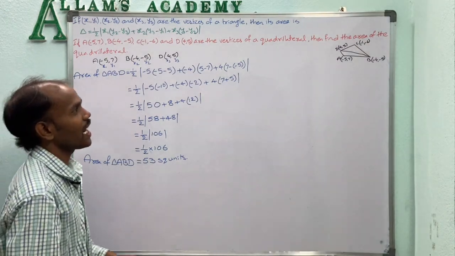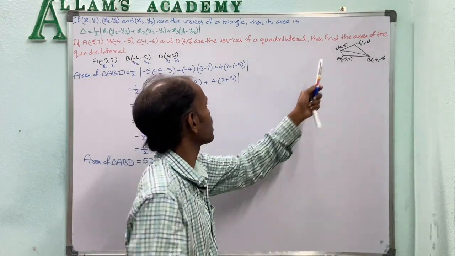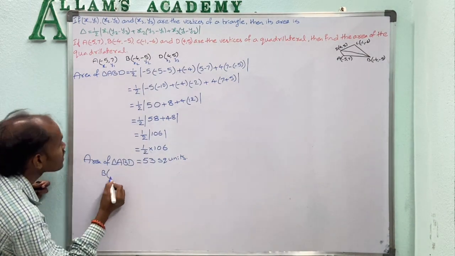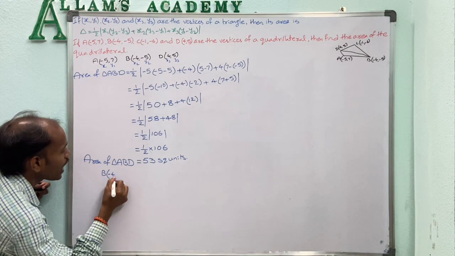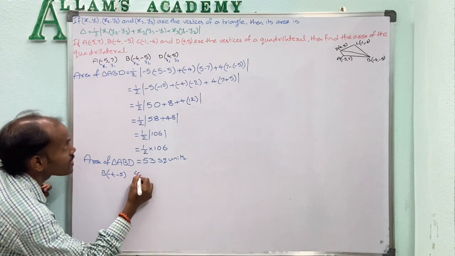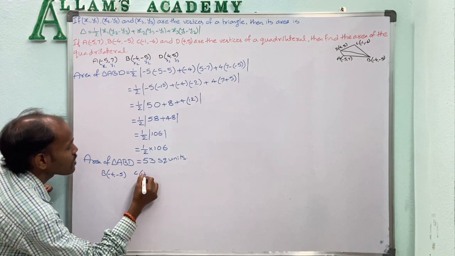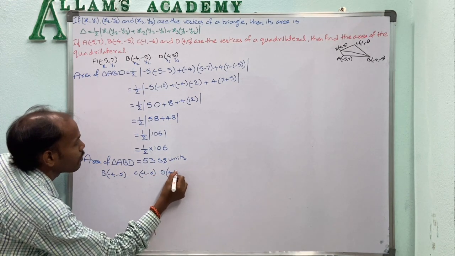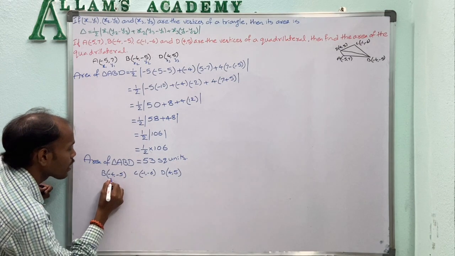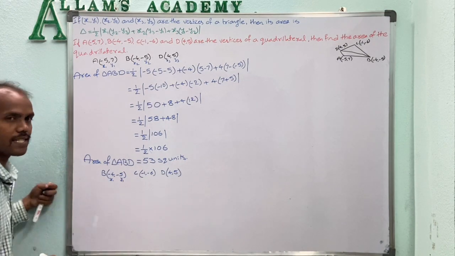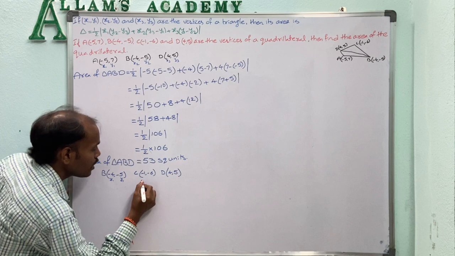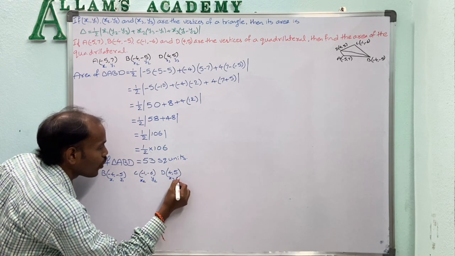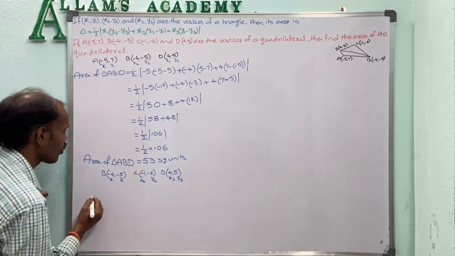Finding the area of triangle BCD. The B vertex is (-4, -5), C is (-1, -6) and D is (4, 5). Here (-4, -5) are the x1, y1 coordinates, (-1, -6) are the x2, y2 coordinates, and (4, 5) are the x3, y3 coordinates.